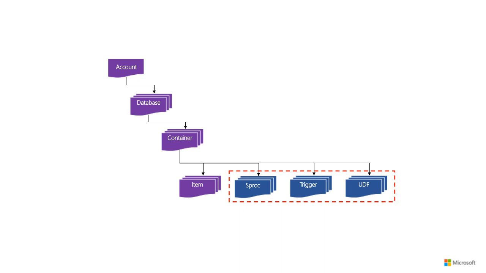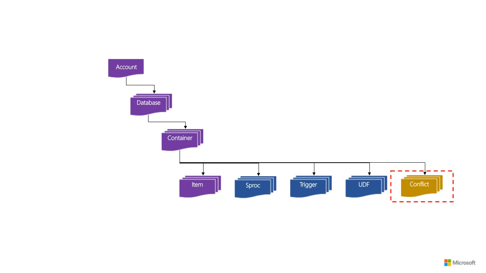Lastly, in our resource model is this concept called a conflict. 99.999% of the time, you'll never have to interact with conflicts, but you should be aware that they exist. The reason why they exist is because this is a distributed database. And what that means is that we'll be replicating your data both within a data center as well as across multiple regions, should you choose to set up a multi-region configuration.